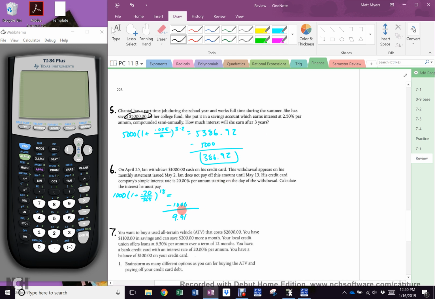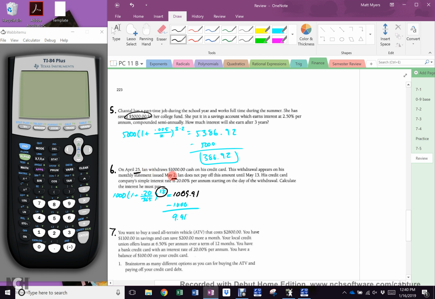Oh, no, this is slightly different. It's what we were just doing. This got you 1,009.91, and you subtracted out the original 1,000. Now, why is it 18? Because he took the money out on the 25th, and that went to May 2nd.